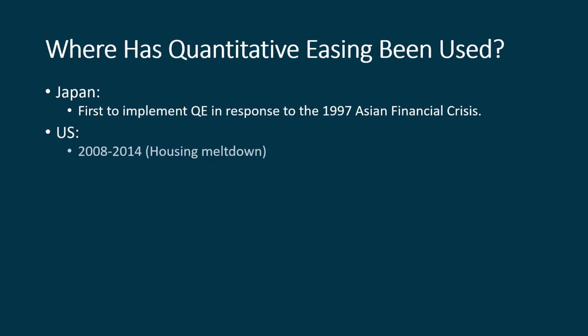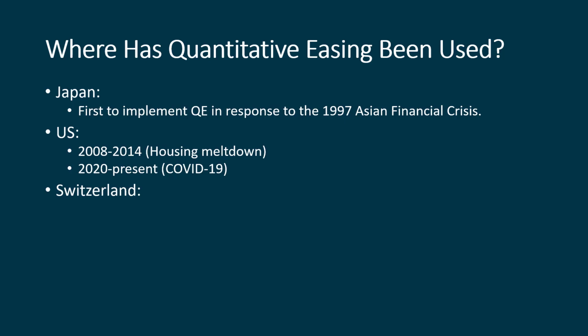Then in the U.S., from 2008 to 2014, there was QE 1, 2, 3, and 4 in response to the housing meltdown. And then in 2020, up until the present time, as a response to the COVID-19 pandemic, QE is being enacted again.